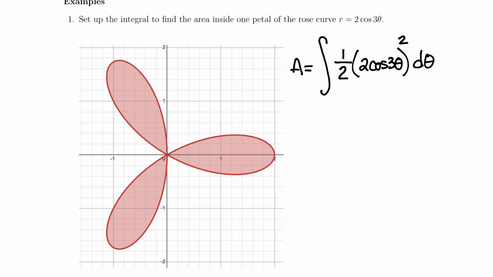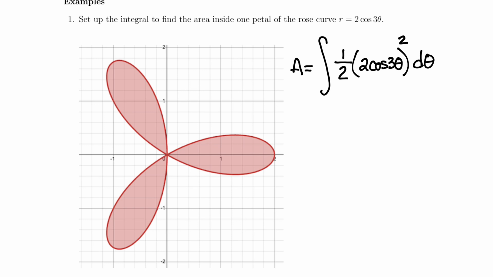Not quite, right? So, what, Gwen? Could you do 0 to pi over 6? Why would I do 0 to pi over 6? Because that's where it crosses the pole. Oh, because we found it crosses the pole in 3 places. We found that it crossed the pole absolutely at pi over 6. It does cross at pi over 2, doesn't it?